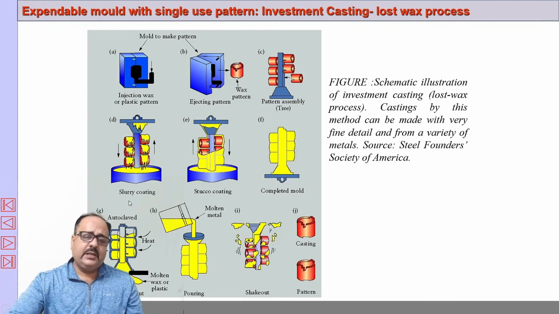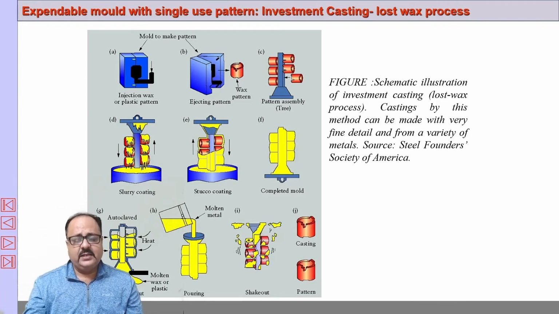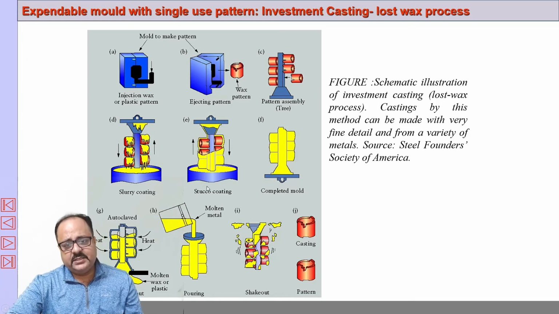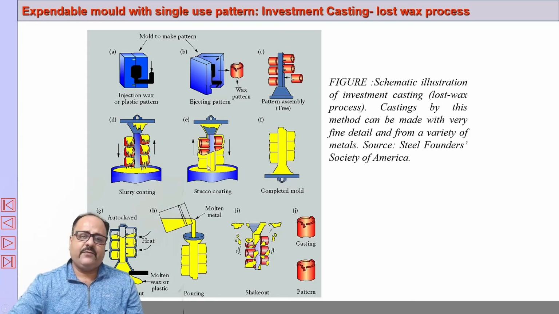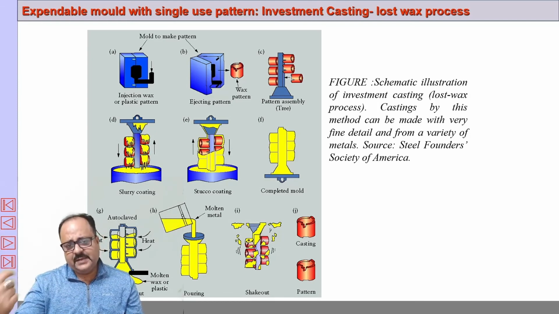It is dipped and dried, dipped and dried, dipped and dried till a specific thickness is obtained, and then it is dipped in a stucco coating, where basically a fine silica gel is used to coat it, again dipped, again dried.